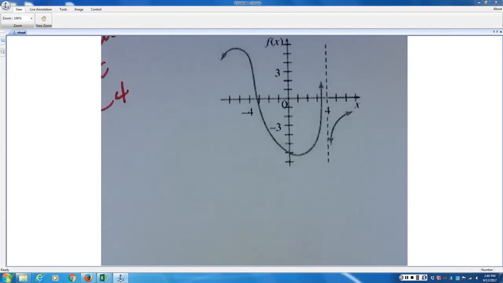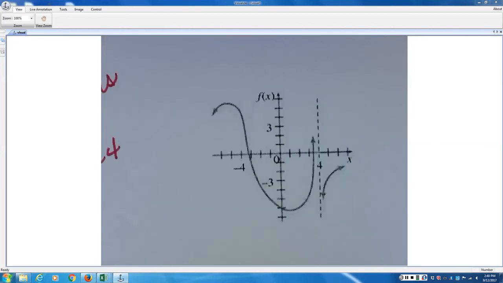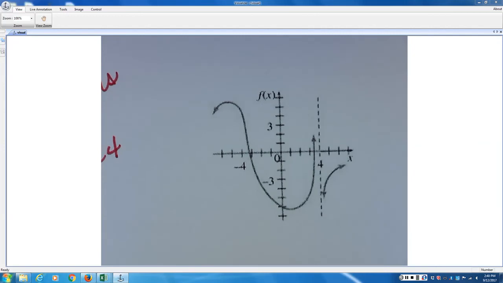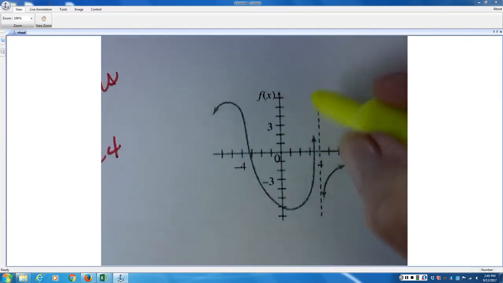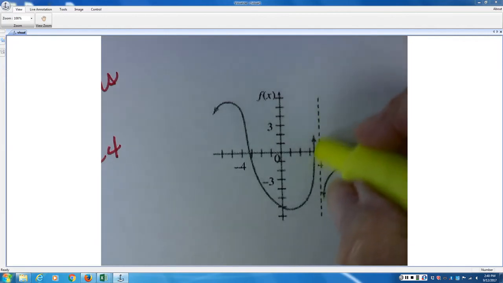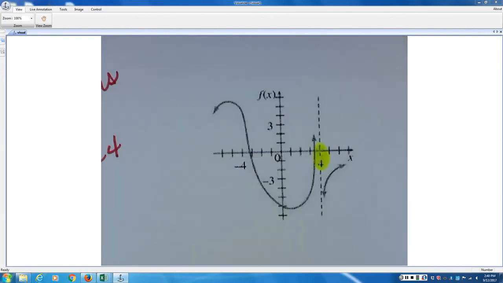So now that we've established that, we are interested in what is going on here again at x equals 4. There's our point of interest.